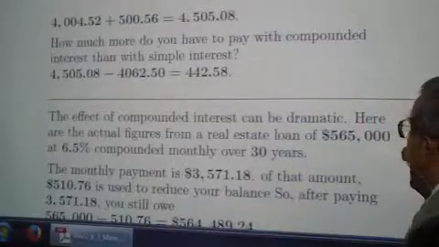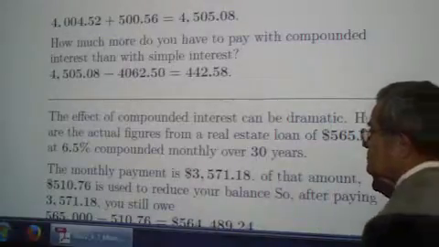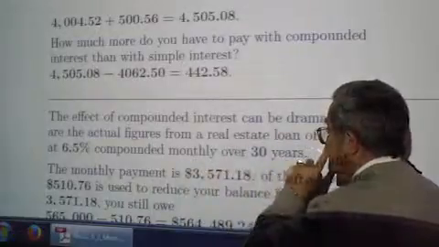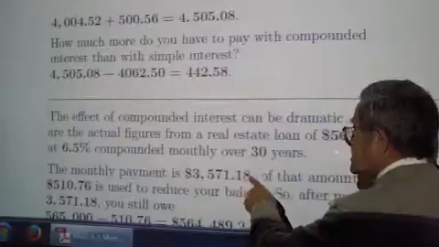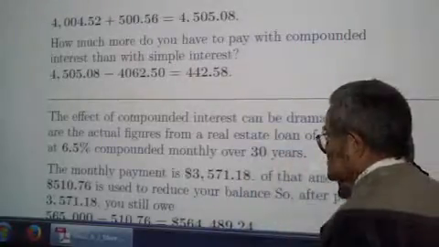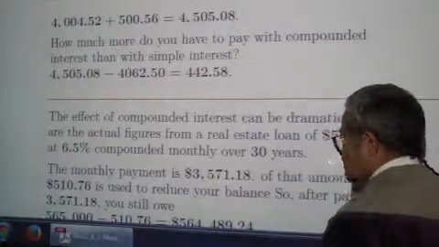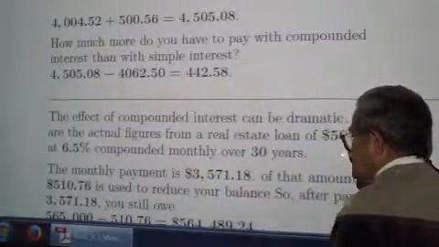Suppose you buy a house for $565,000. Your interest is 6.5% compounded monthly, and you want to pay it over 30 years. That means 360 months. 30 times 12 is 360. Suppose that the monthly payment is supposed to be $3,571.18.